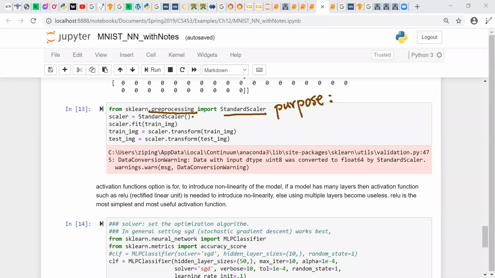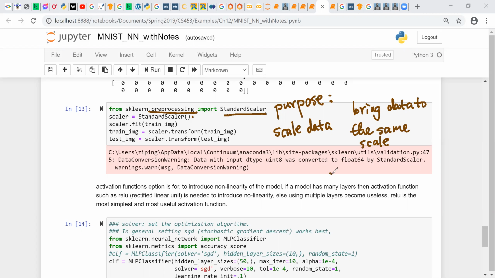Resizing, yeah, it's very close, but generally we don't say resize, we scale data. What we mean is we bring data to the same scale.